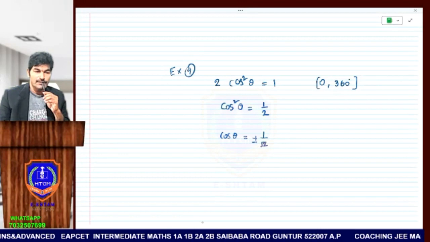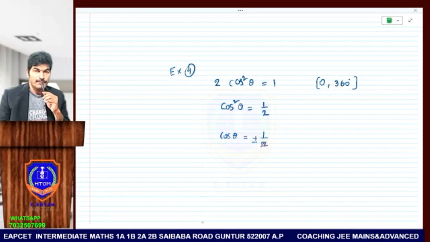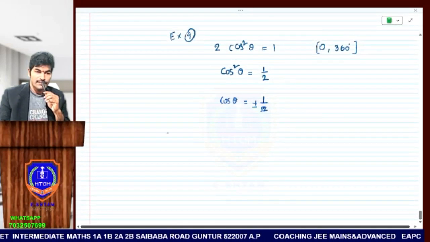If you are removing the square, then if it was an even power, you should take plus or minus values.